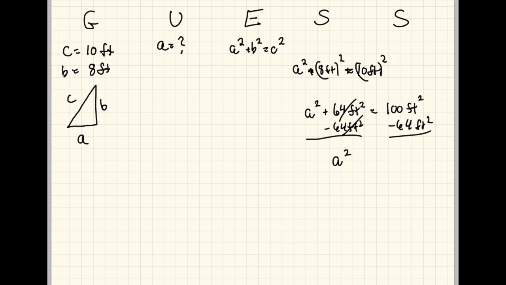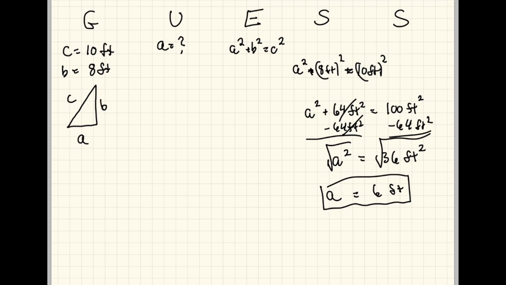We get a squared equals 36 feet squared. Then we'll take the square root of both sides. We find that a equals, well, the square root of 36 is 6. Square root of feet squared is feet. And we find that a equals 6 feet.